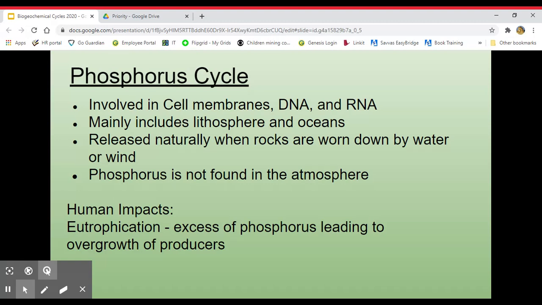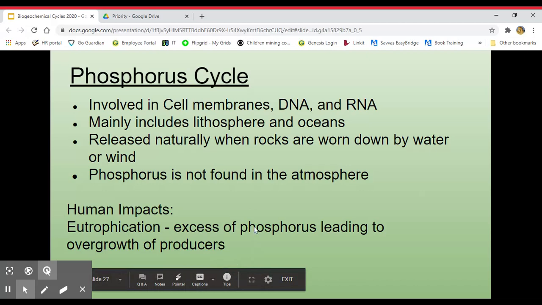In extreme cases, it can lead to hypoxia, which is a lack of oxygen environment due to the bacteria using all of that oxygen and causing an overgrowth along with the plants. So one of the major human impacts for phosphorus would be eutrophication.